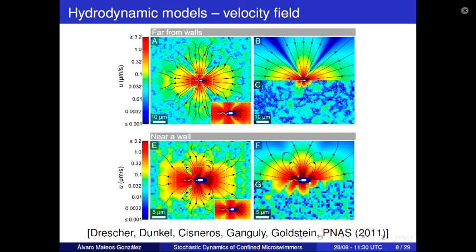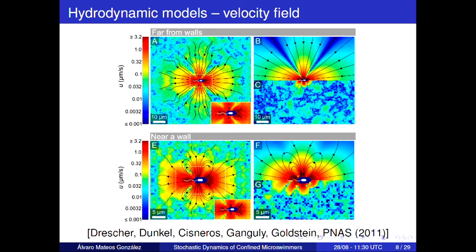How does this work specifically? For the hydrodynamic models, what you have is a velocity field in the fluid. The velocity fields here are represented by colors between blue and red for lower and higher velocities, respectively.